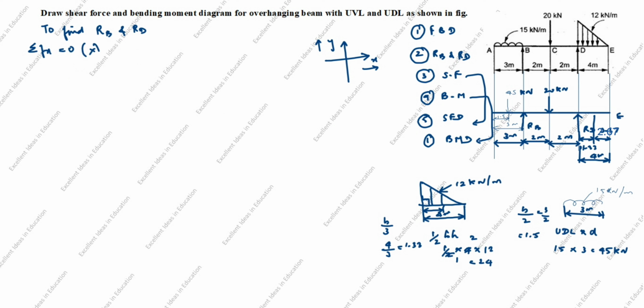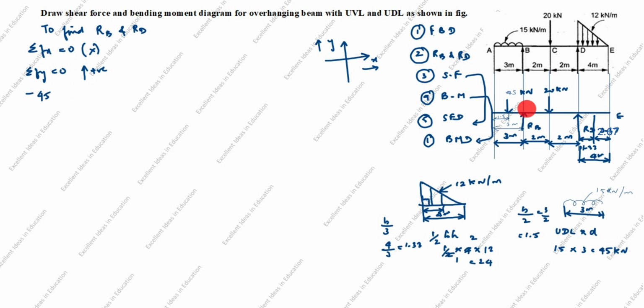Next, we will take summation of Fy is equal to 0. You see this graph, y is vertical. So vertical arrow goes upward, we will take it as positive. You see the arrow comes downward. Upward only positive. Downward is negative. Negative 45. Next you see upward.